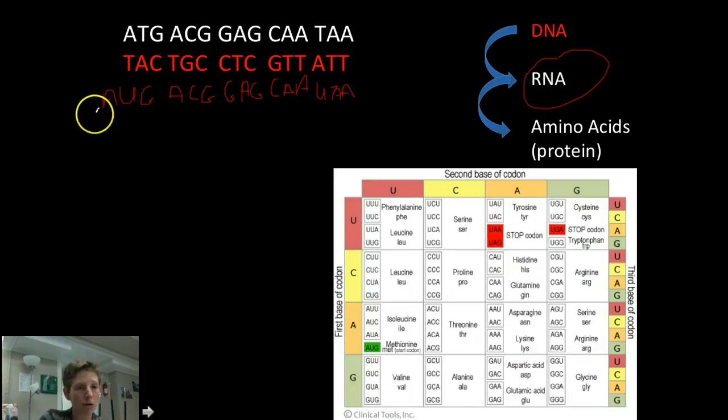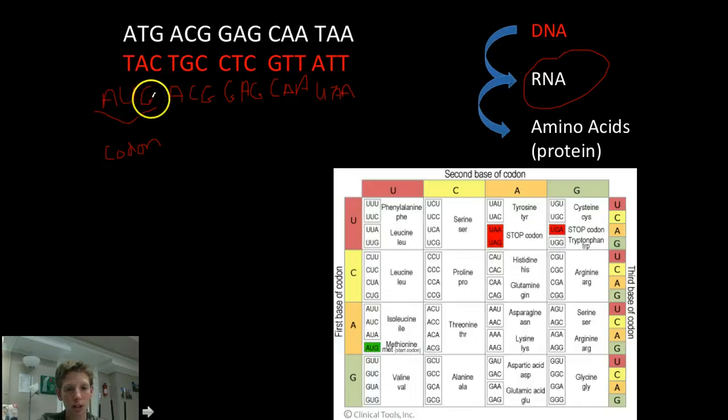And so remember, 3 letters of the RNA are read at a time by the ribosome, and those are called codons. C-O-D-O-N. So using this special chart, which you'll all have, and there's a copy of on the website, you can figure out what amino acid is represented by each codon.